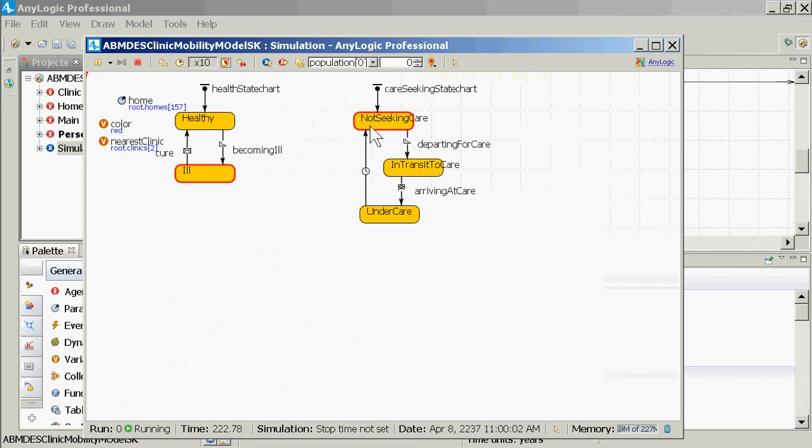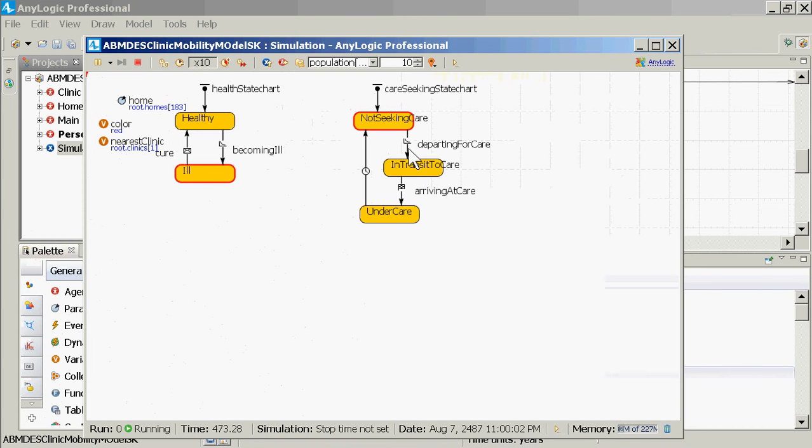I noticed there wasn't even a countdown along this departing for care axis. Similarly the next, and one after another, they all had this property of being ill but not seeking care, and that to me was a sign that there was a real problem with this exit here.